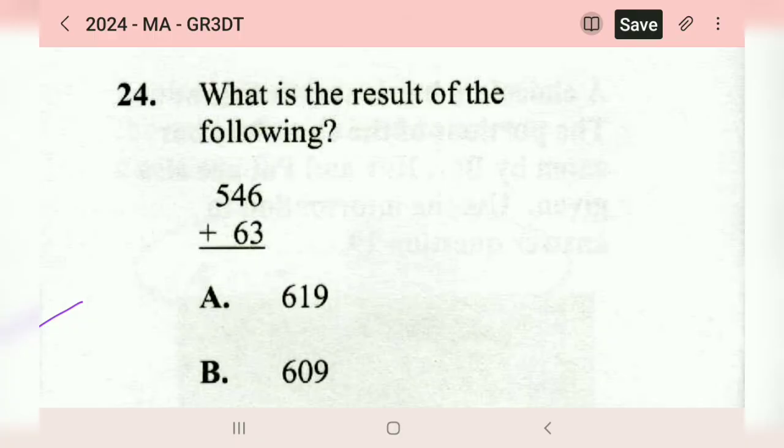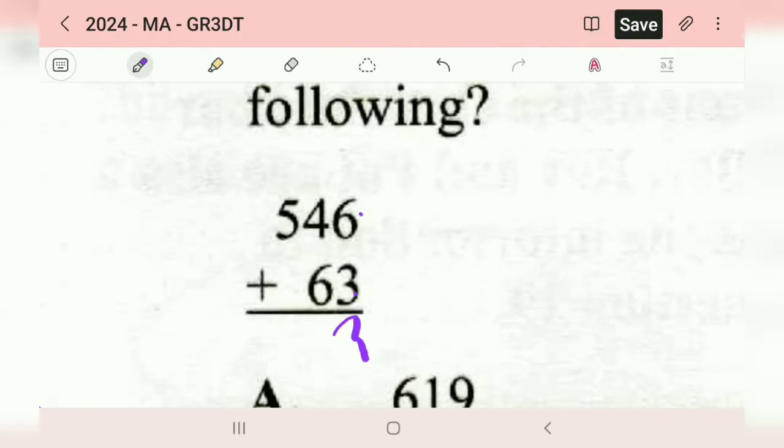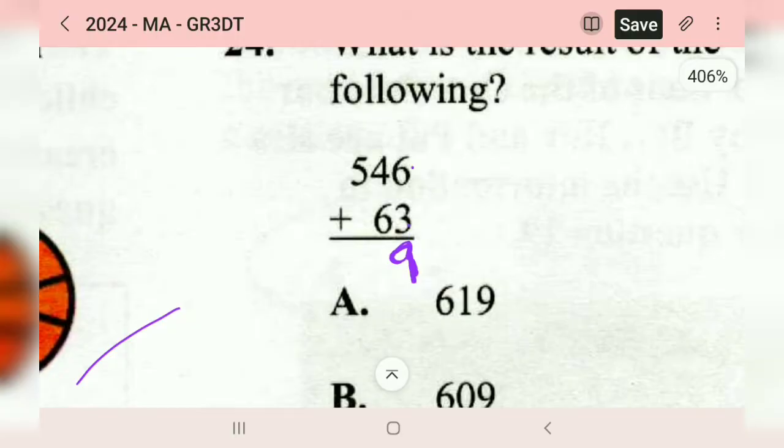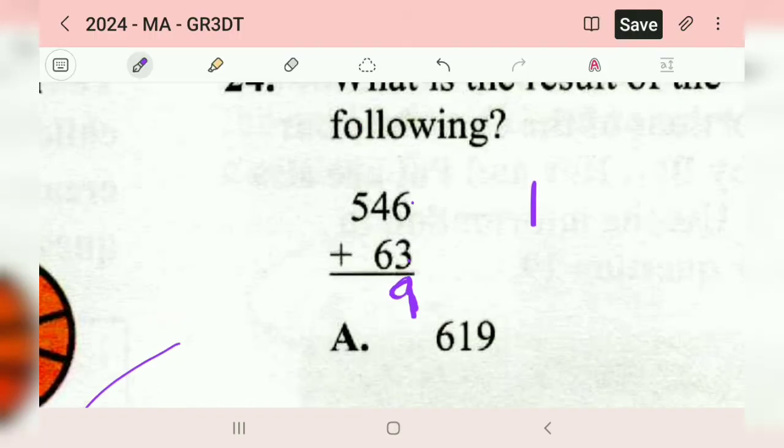Number 24. What is the result of the following? Let's go ahead, we can work it right here. 6 plus 3 is 9. Let's look if we have any answer ending in 9. All three of them. Oh, Mr. Diagnostic, what's your problem? Why you put all three in 9, causing us to work all the way now? 6 plus 4 is 10. 0 remain, 1 rename.